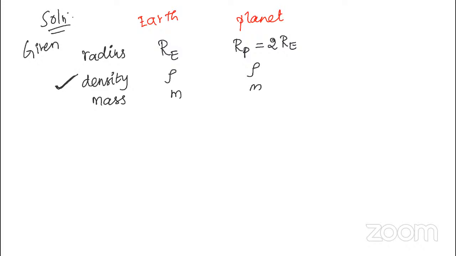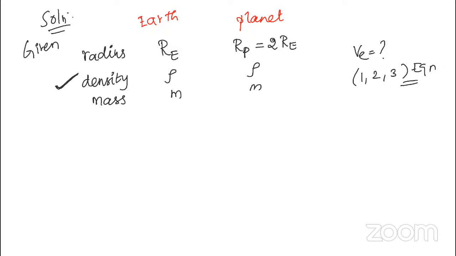Since density is given, we have to choose the VE relation in the density format. Which equation can we choose? We have written 3 equations for VE. Which of them can we choose to solve this? Right, the third equation we have to choose.